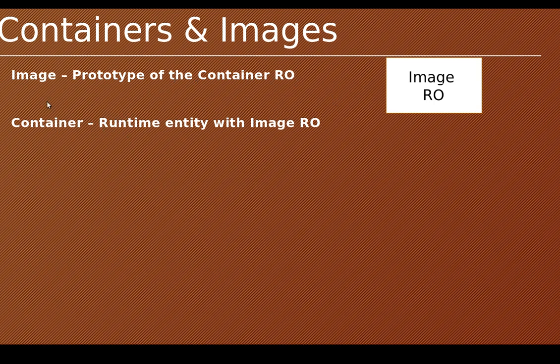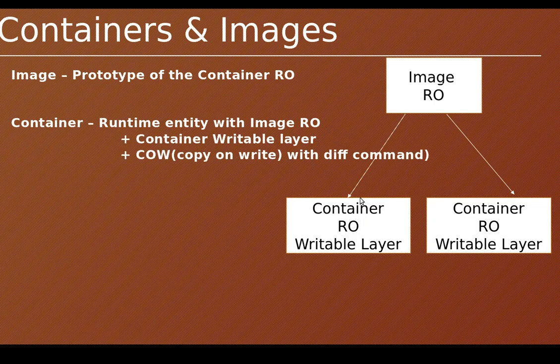Containers make use of those read-only images, and over that they attach a writable layer. Consider you have a Java environment, and you want to pull some data and put it inside a folder. That kind of write operation is done over the writable layer of the container.